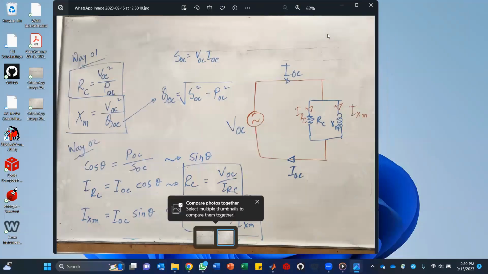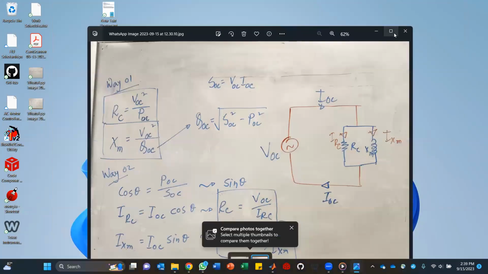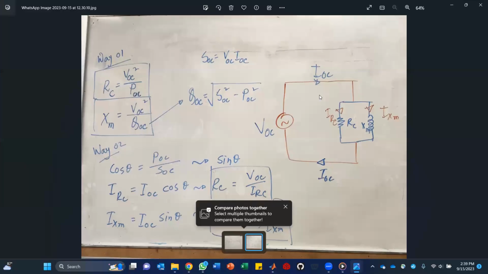Okay, so this is the picture that we're going to talk about right now. This is the figure I talked about a few seconds ago. We have open circuit voltage supplying to this core element, and this current is nothing but the open circuit current. This is the current flowing through this core resistance, and this current, which is I sub Xm, is going through this magnetizing or reactive component of the core.